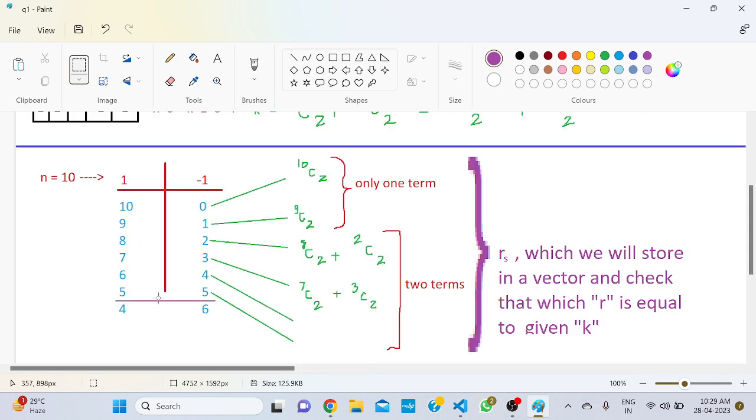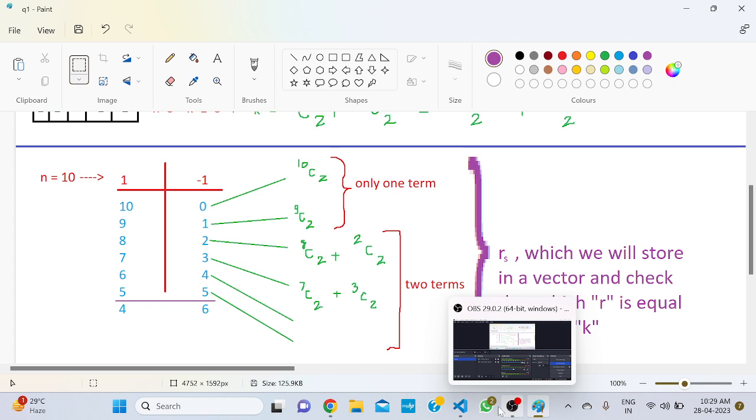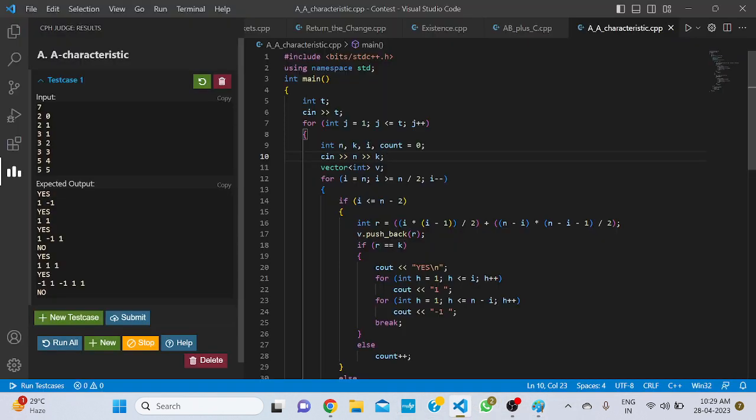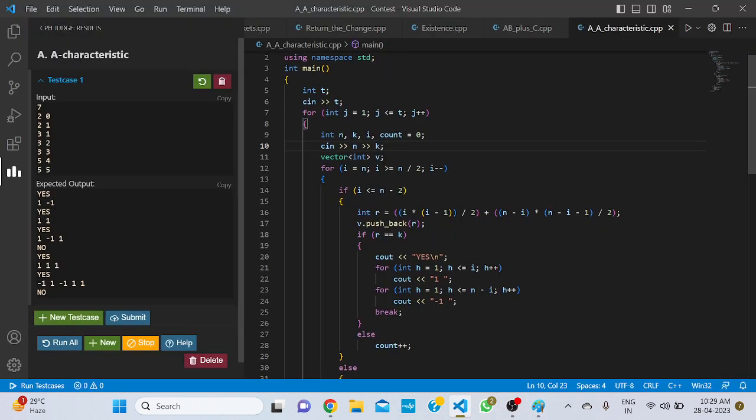N by 2 is 5. So after this 5, the results are repeating itself. So we have made one for loop which is starting from n, our given element n, and we are taking loop from i equal to n up to i greater than or equal to n by 2, meaning the i is decreasing.